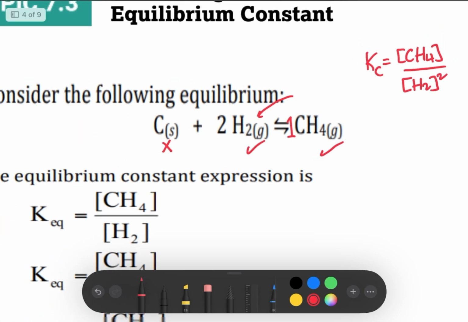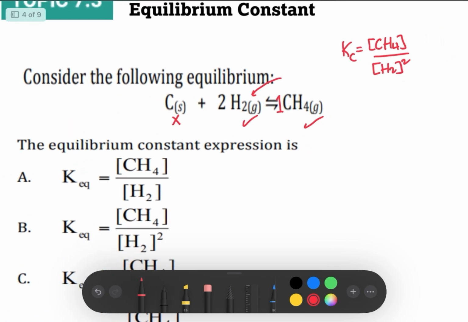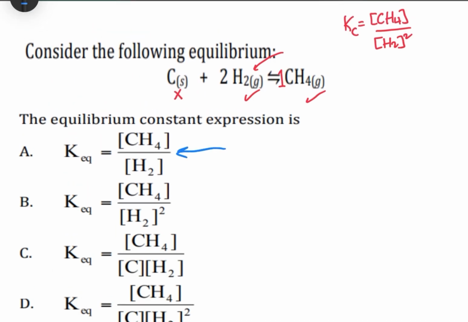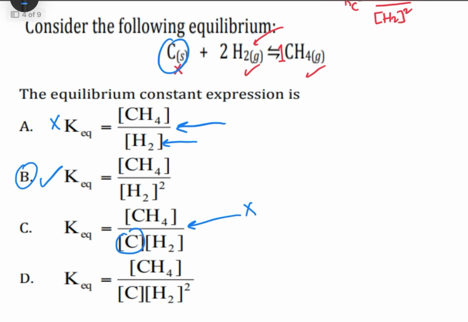Do we have any answer that looks like ours? This first one is not true because the hydrogen is not raised to the power. The second one is the same as our answer, so this is the true one. The one here included the C that is in a solid state, and we don't put it at all. The last one includes the C2, which is also not acceptable. So the answer in this case is B.